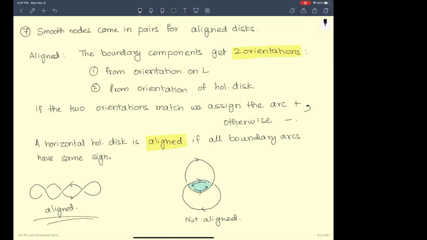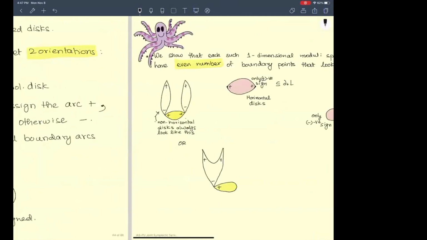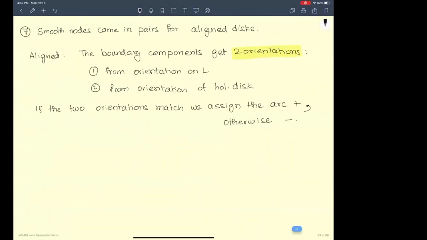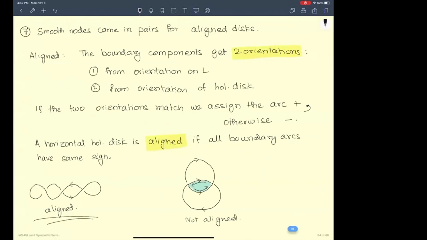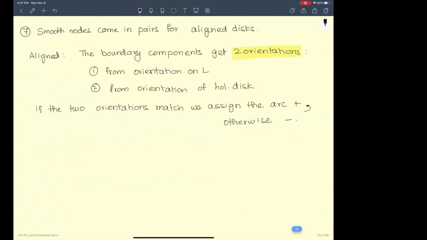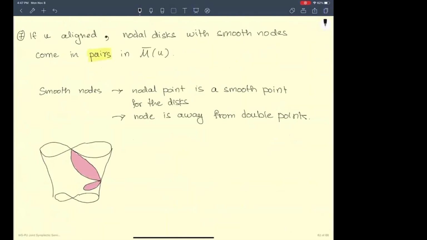Okay, but all this is some orientation condition on the boundaries, which lets us say that smooth nodes come in pairs. This is what I mean.